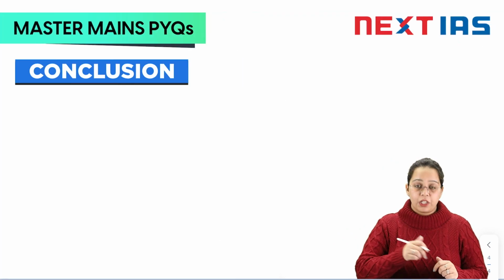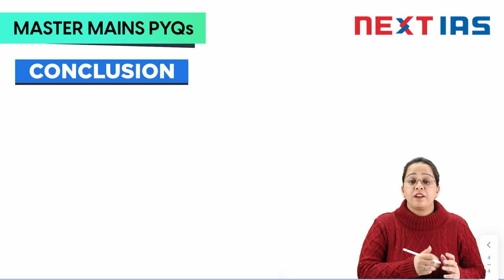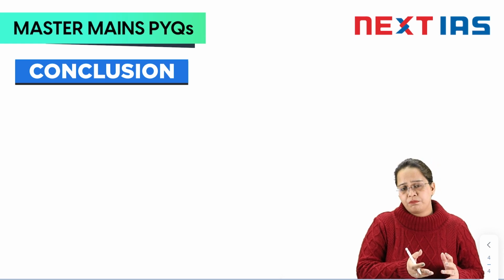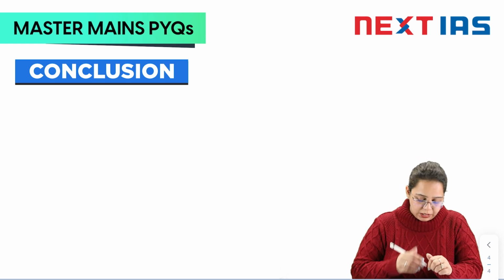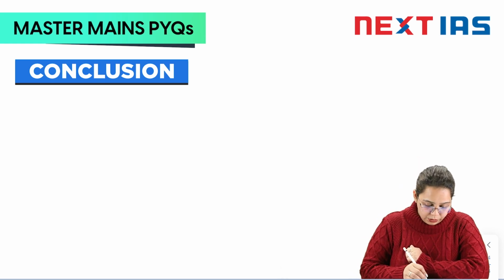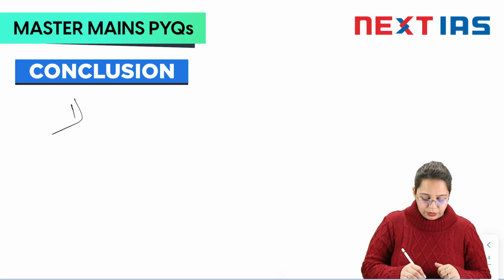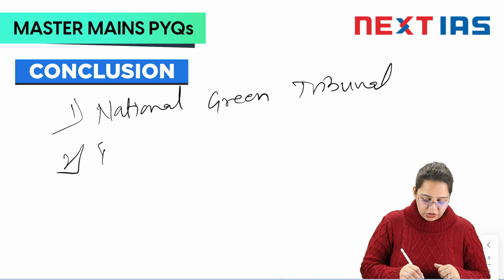Now, in the conclusion part, you can conclude through the various steps and acts by the Government of India to conserve the natural vegetation, or the steps that can be taken to conserve the natural vegetation across India. Here you can write about different points, like you can quote the National Green Tribunal and the Forest Rights Act.